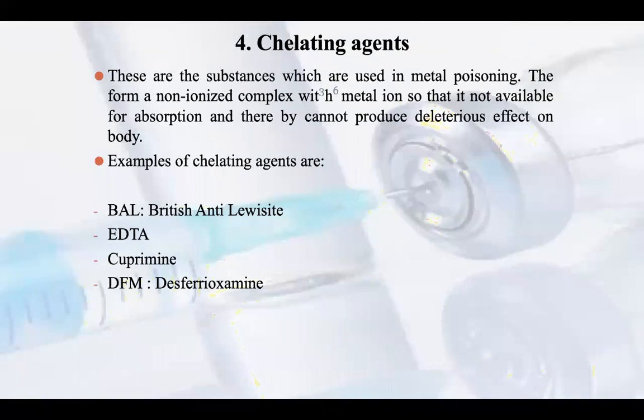They form a non-ionized complex with metal ion so that it is not available for absorption and thereby cannot produce deleterious effects on the body. Examples of chelating agents are BAL, British anti-lewisite, EDTA, cuprimine, DFM, that is desferrioxamine.